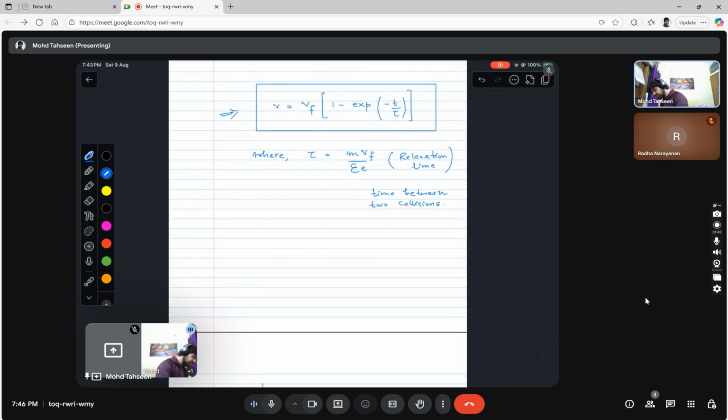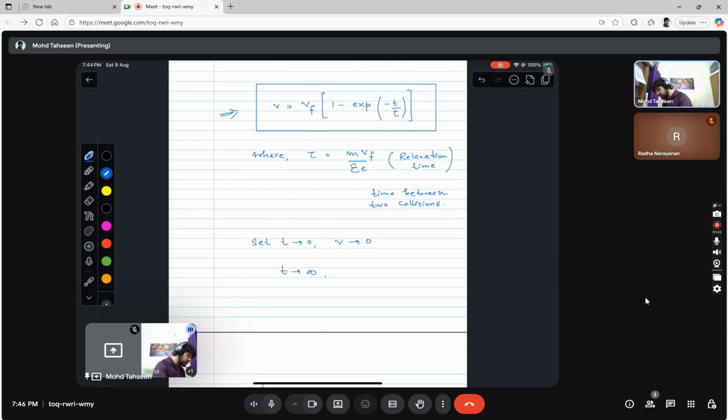Now from this equation, if we set t equal to 0, exponential of 0 is 1, and 1 minus 1 is 0. So that means velocity turns out to be 0. And if we set t to infinity, what happens? This is e to the minus infinity, which is 0.